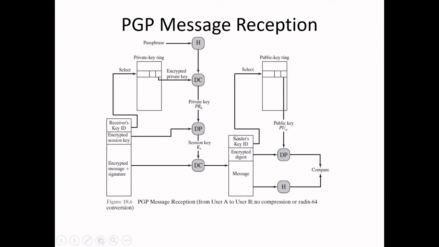That key ID is already available here, and it is used to index into the public key ring and get the public key of A. Now that is used to decrypt the message digest, and the message digest is also generated locally. Then you compare them, and if they are the same, we say that proper authentication has been done. So this is what happens on the sender and receiver side.